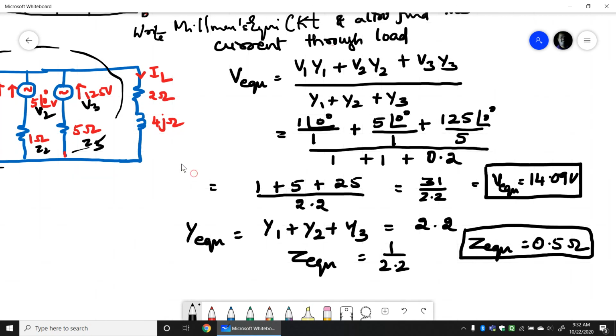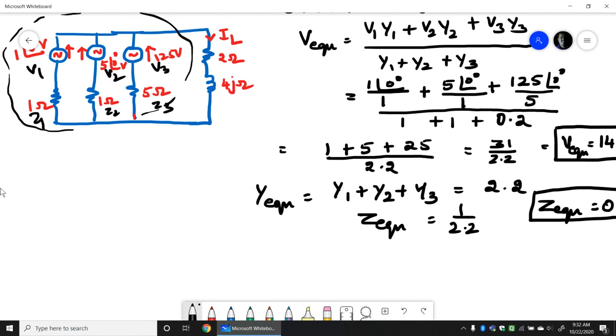Now I'll write the Millman's theorem circuit. Therefore I will have V equivalent and then Z equivalent, and then I will have a load which is connected here.